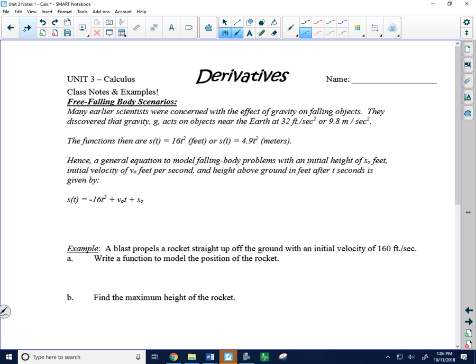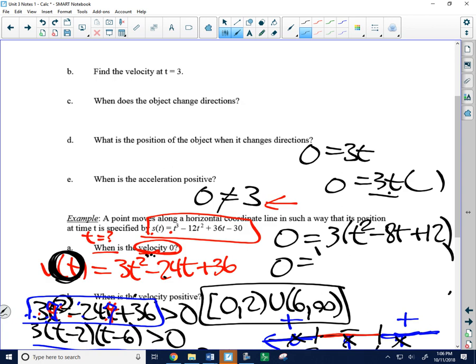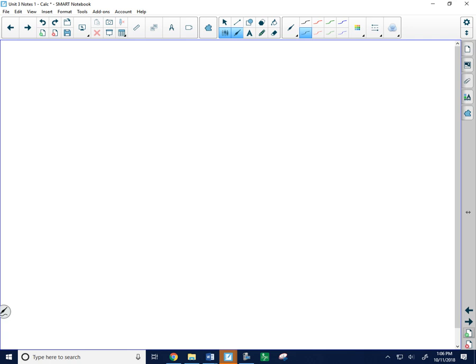So different type. It's going to have a lot of the same words, velocity, acceleration, and all that. These were, here's a coordinate moving along the line. I love these, falling body problems. They're basically parabolas. It could be something starting on the ground and then modeling a parabola.